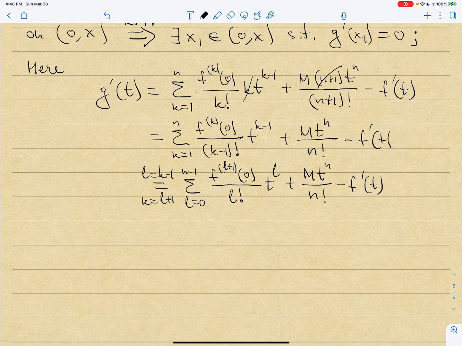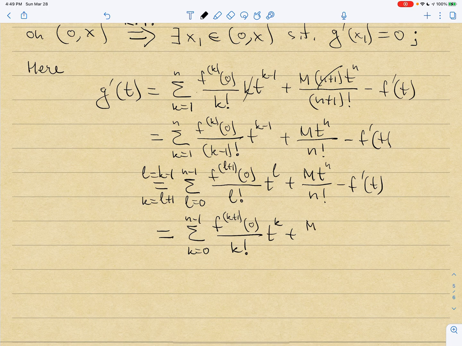And then I said that I'm using this index as a, so L is a dummy index, so I can then replace it again by k, and that doesn't change any meaning. So let's now denote L by k, so k from 0 to n minus 1, f k plus 1 of 0 over k factorial times t to the k, plus m t to the n over n factorial, minus f prime of t.